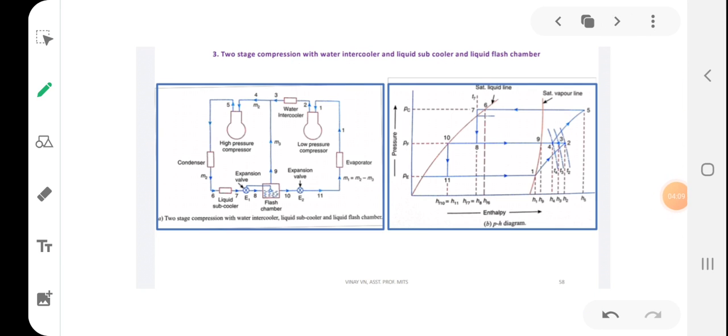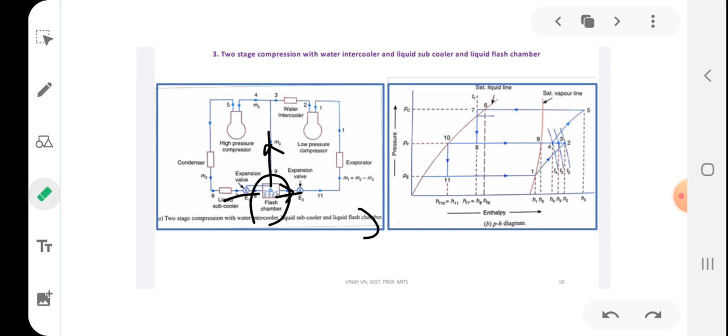So this was the third type of multiple compression system we have studied. Here the flash chamber was used as a liquid flash chamber where only one stream is incoming, and two streams were exiting from that flash chamber.